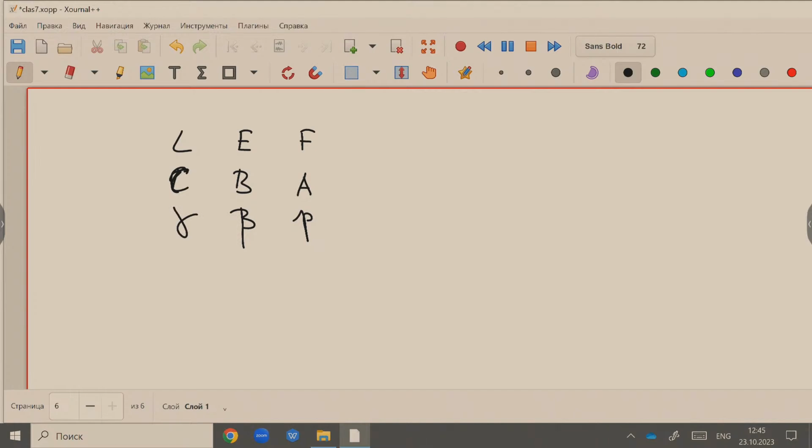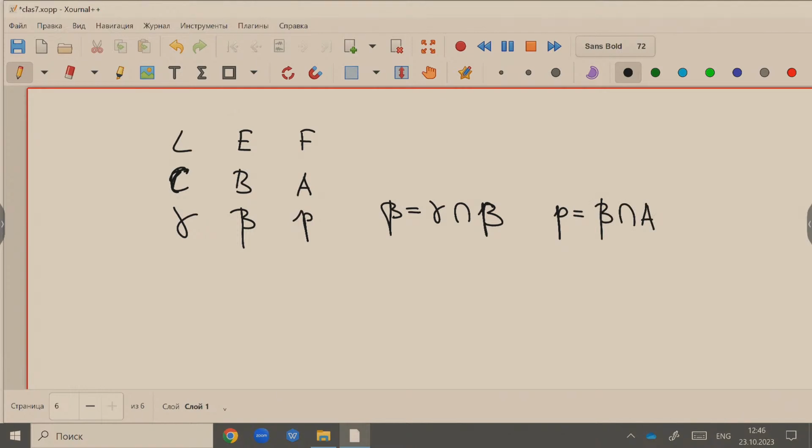So beta is obtained as gamma intersected with B, and P is the intersection of beta with A.